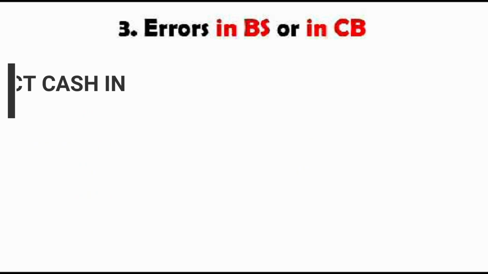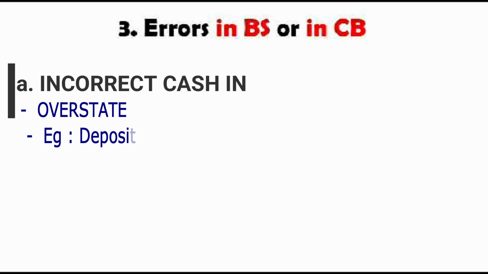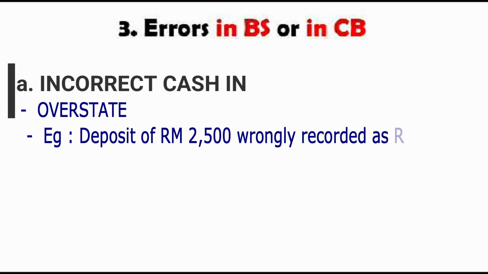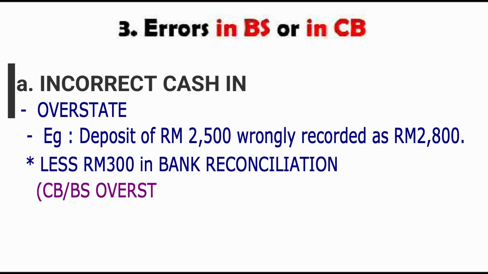Situation number 2, cash in overstated. For example, a deposit of 2,500 ringgit Malaysia wrongly recorded as 2,800 ringgit. Meaning, you need to less 300 ringgit in bank reconciliation.